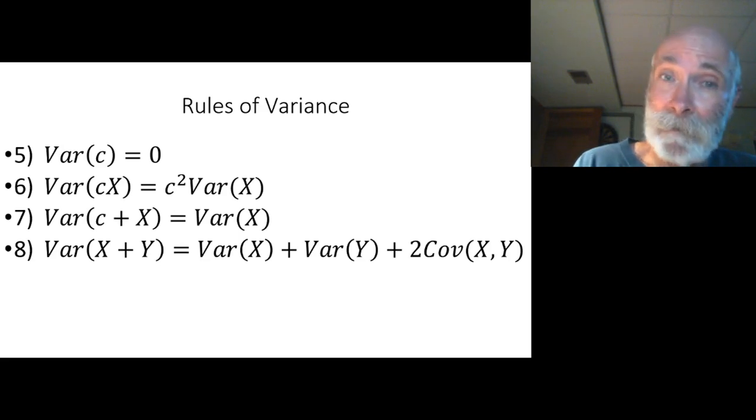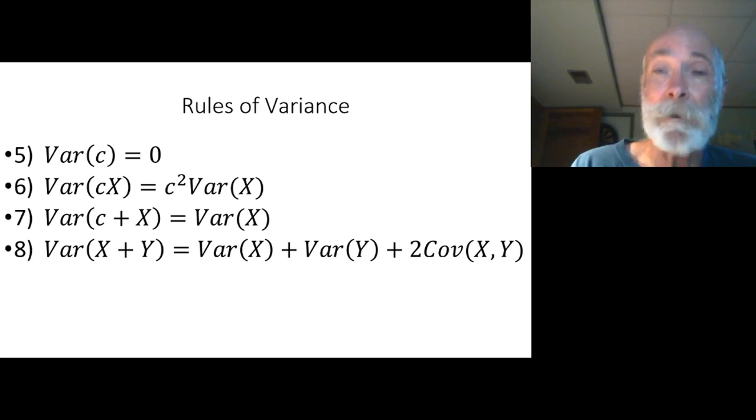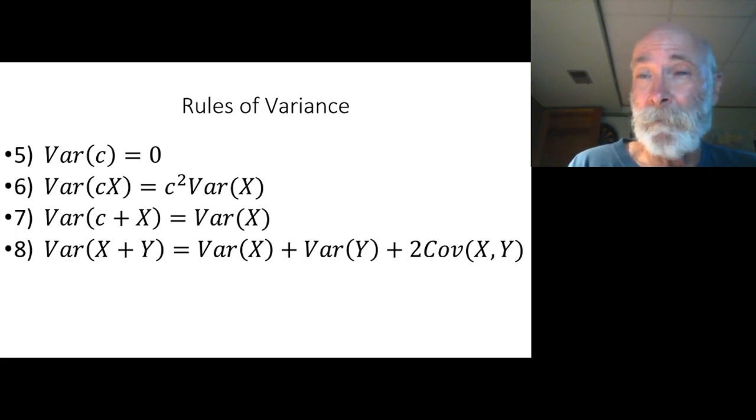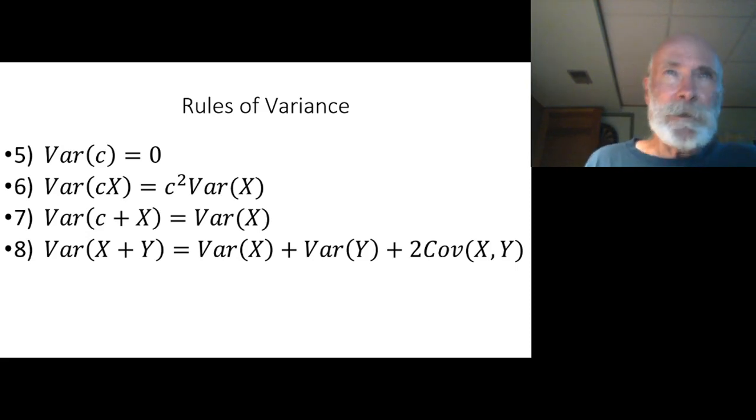However, if they're dependent in some way, if they are not orthogonal, then the variance of the sum is going to be the variance of one plus the variance of the second one plus twice the covariance. Now, if you have a constant in there as well, then that constant obviously is going to show up in the covariance term as well.